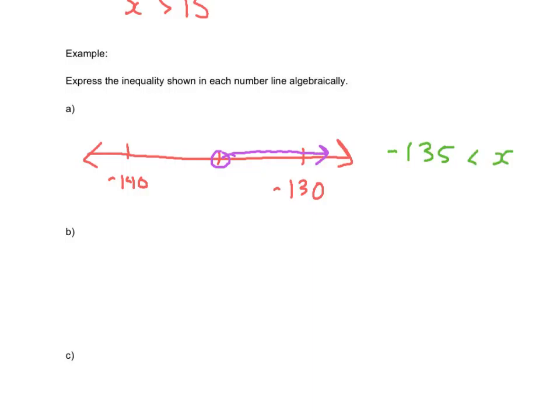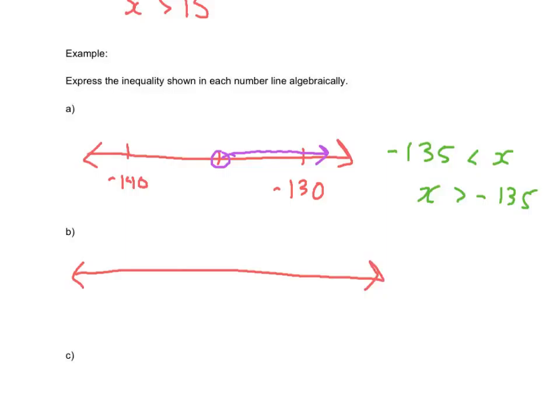And we look at the boundary point, it's hollow, which means that the sign remains just a less than, not a less than or equal to. Okay. You could also write it that x is greater than negative 135. Either of those would be correct.